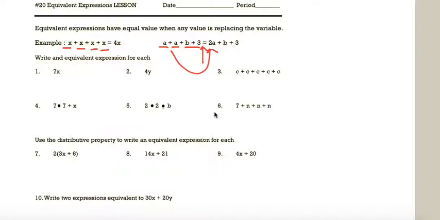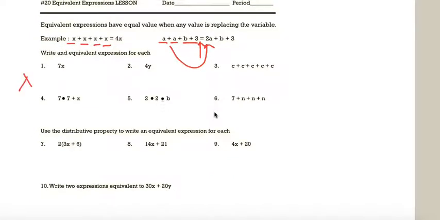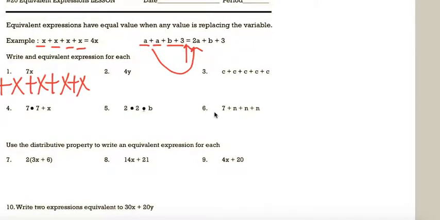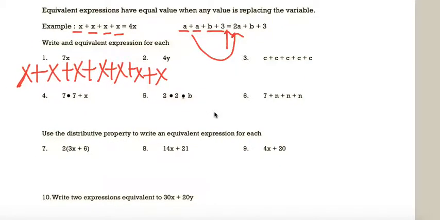So I'm going to do repeated addition to represent this by saying x plus x, that's 2, plus x, that's 3, plus x, that's 4, plus x, that's 5, plus x, that's 6, and plus another x, that is 7. So if I count my x's, I have 1, 2, 3, 4, 5, 6, and 7. So 7x is equal to all those x's added together.